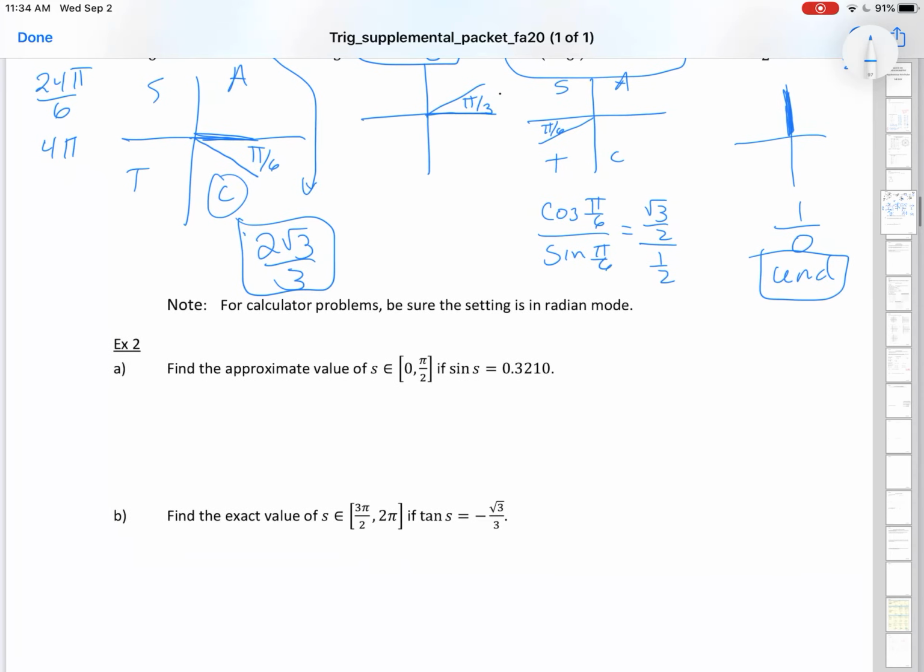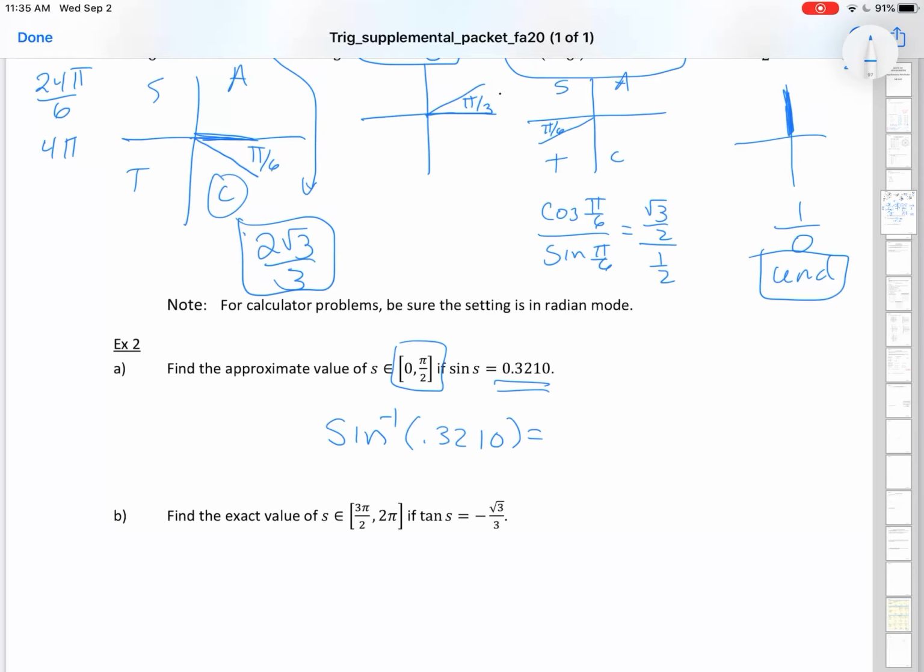Now these two are calculator problems, but we want you to be able to come up with the right calculator problem. And so actually the first one is a calculator problem because we don't know this sine. So on your calculator you should see a sine inverse one. It's in the first quadrant, which is where sine inverse is going to spit out. But they just want you familiar, I think, where this button is and why they're assigning that.